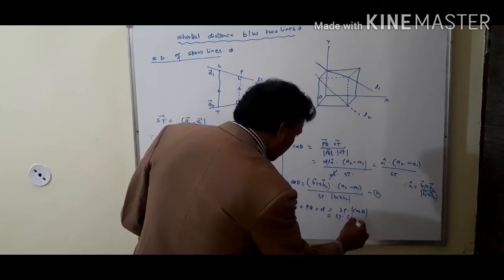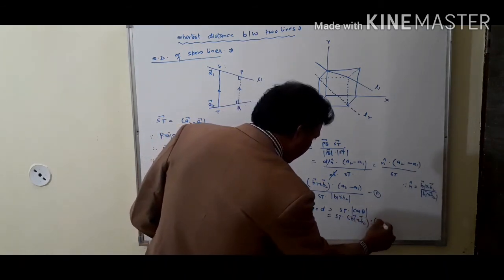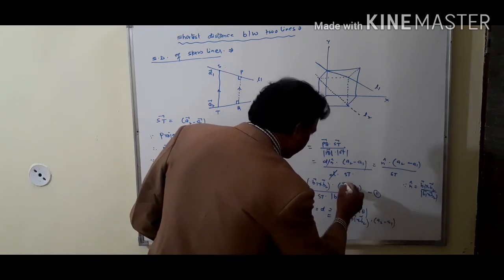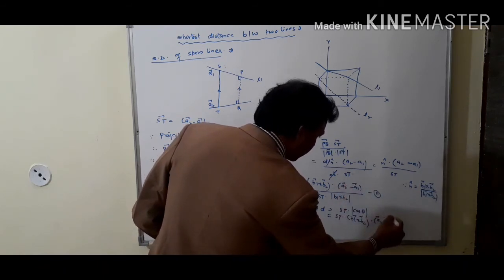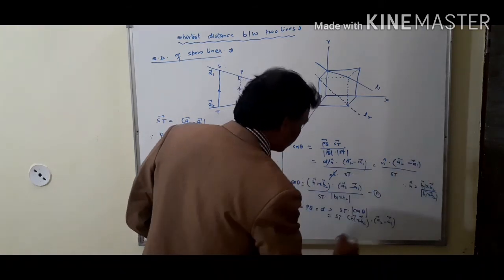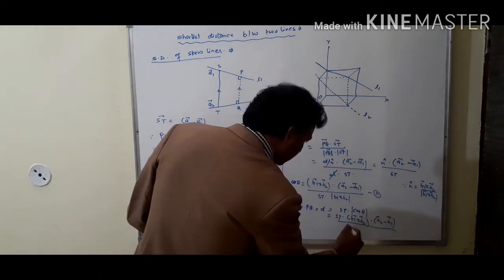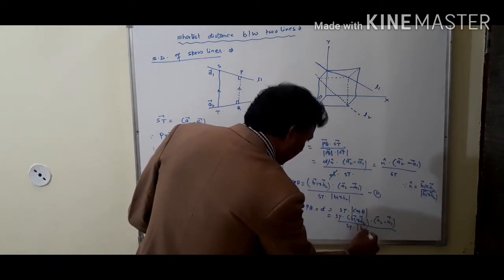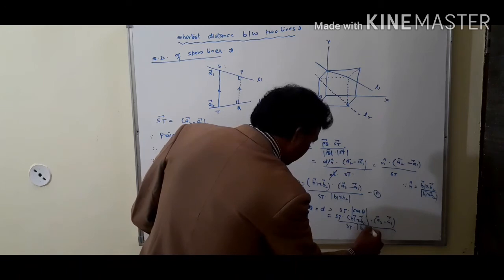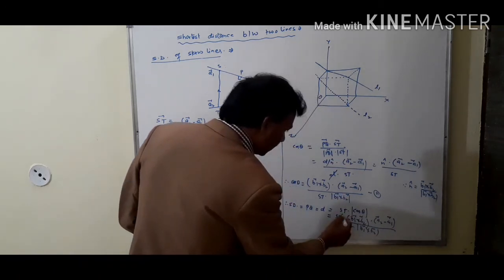This will be B1 cross B2 dot A2 minus A1, this is the vector quantity, whole upon ST into magnitude B1 cross B2. ST and ST will be cancelled.